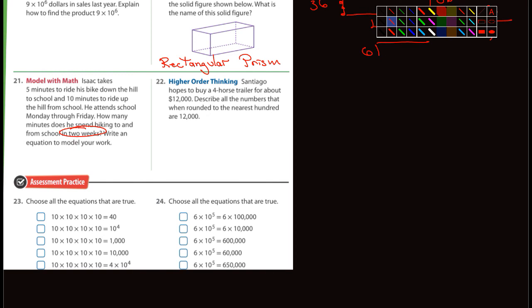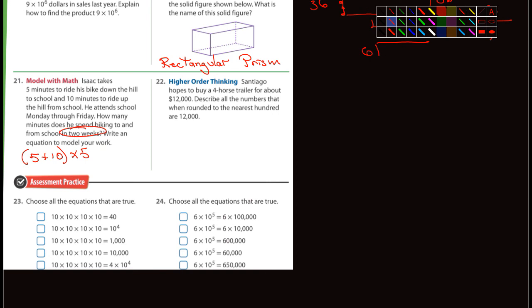Well, okay. So gosh, there's all kinds of different equations we could write. How about 5 plus 10? That's going to be 1 day. And then we could multiply that by 5.